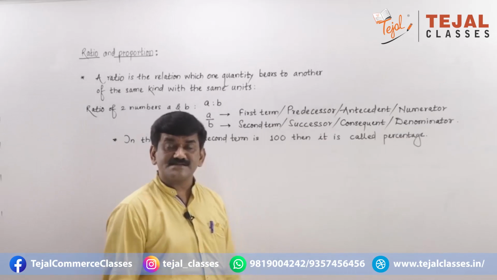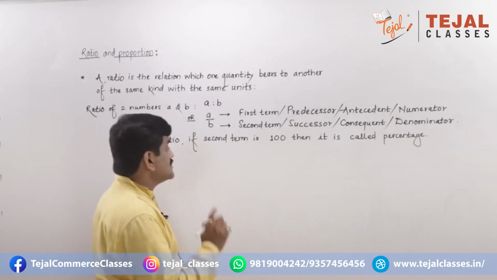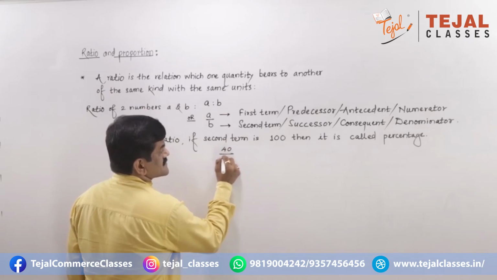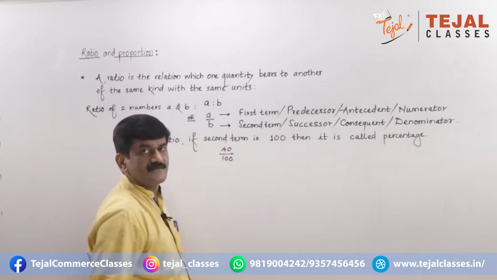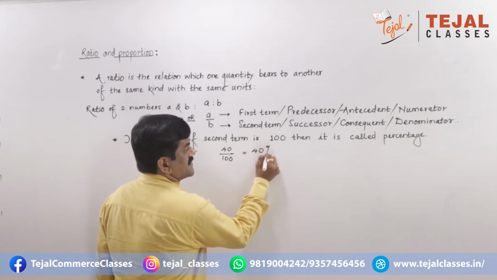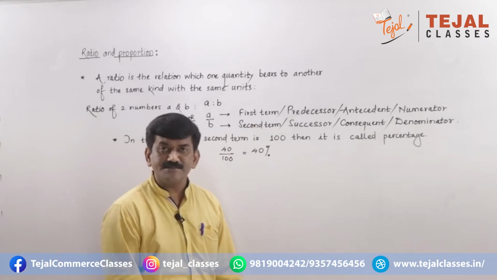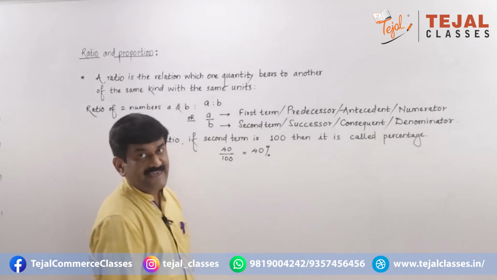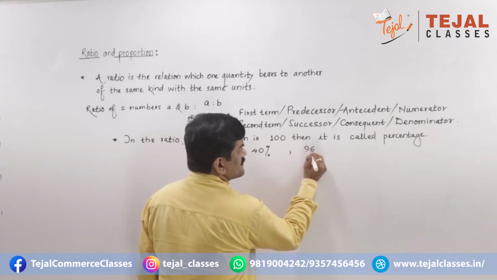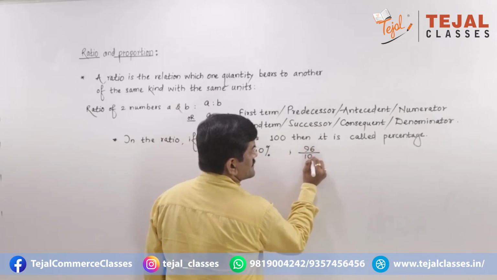What is meant by percentage? Suppose in your English paper, you got 40 marks out of 100. This is called 40 percentage, 40%. Again, in your paper, you got 96 marks out of 100.